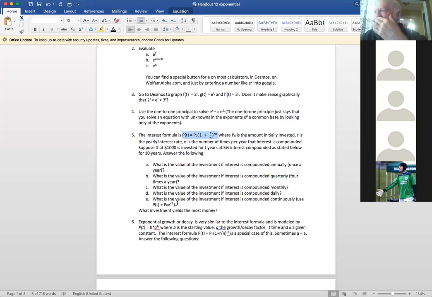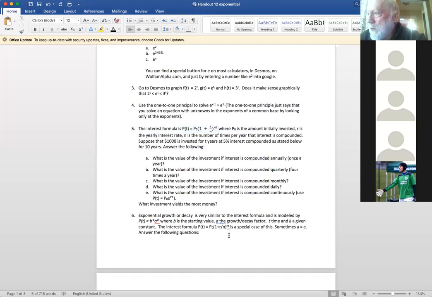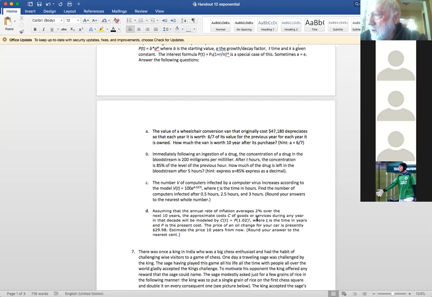In number 6, on D, I gave you the formula and I had 1.01 to the T, and it should be 1.02 to the T. If you did it the other way, that's fine. I just wanted to make it consistent.